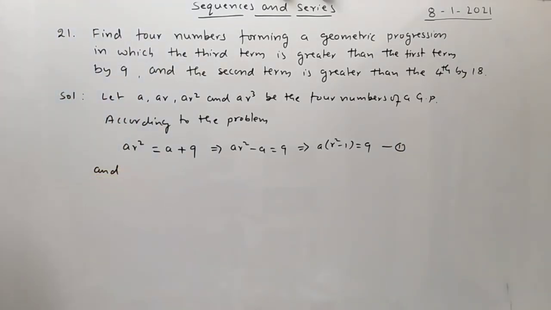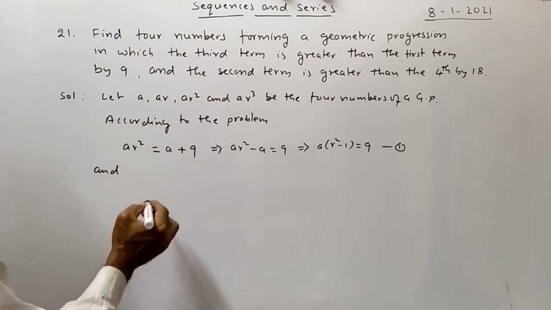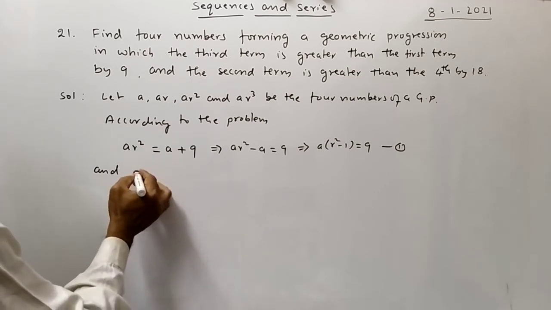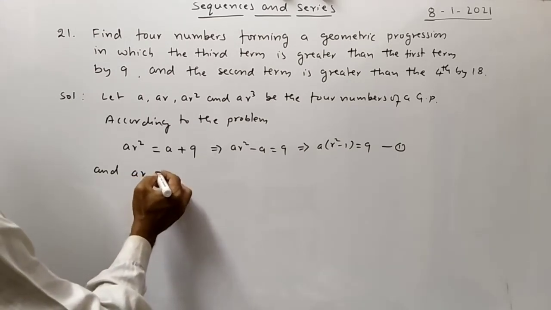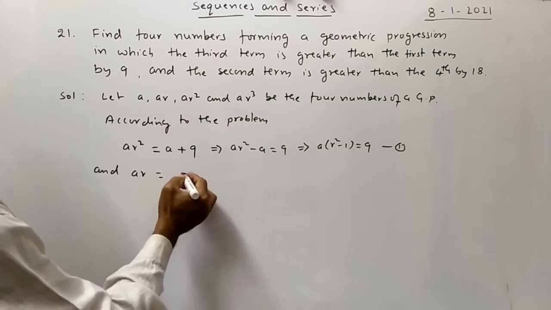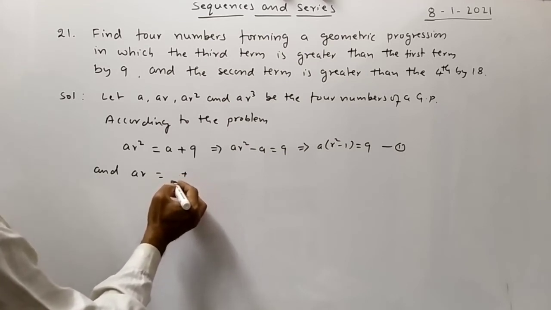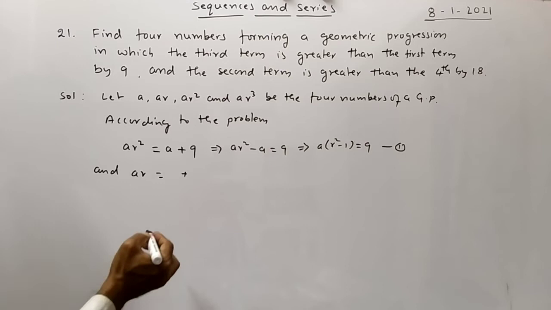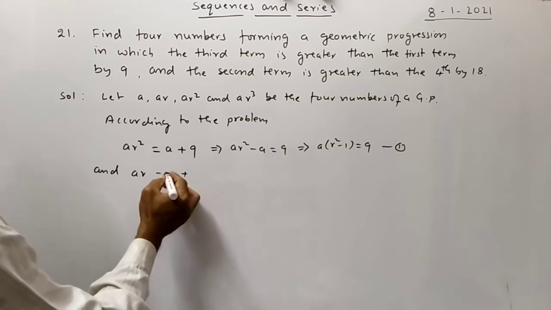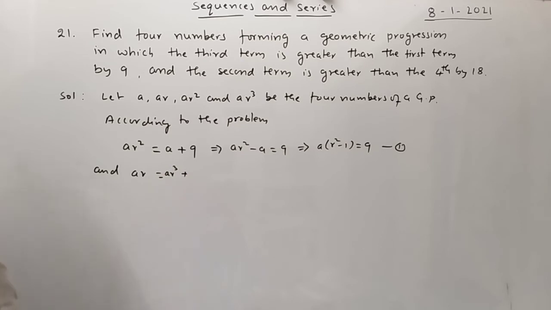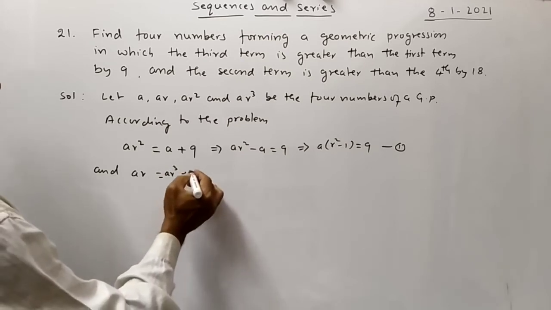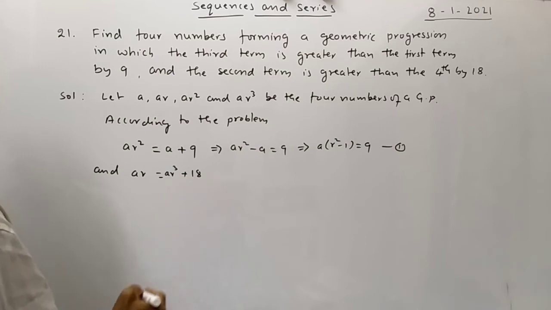And second term, that is AR, is greater than the fourth term. What is fourth term? AR cube by 18.